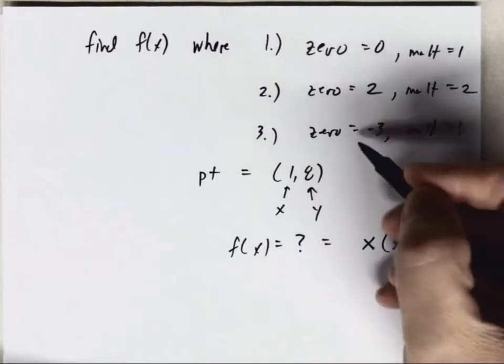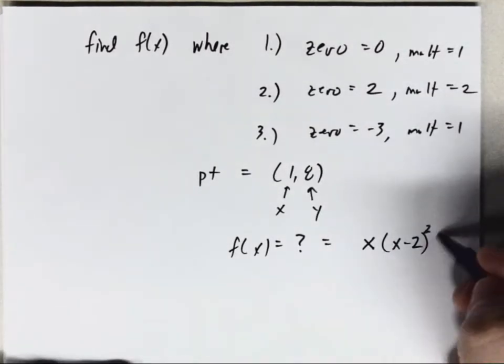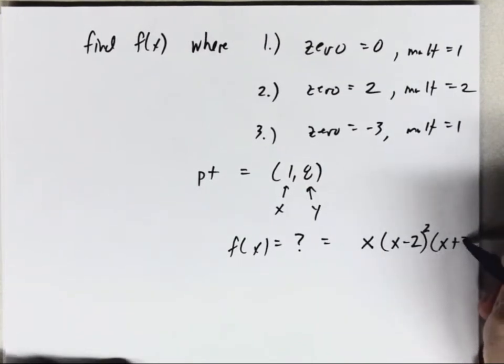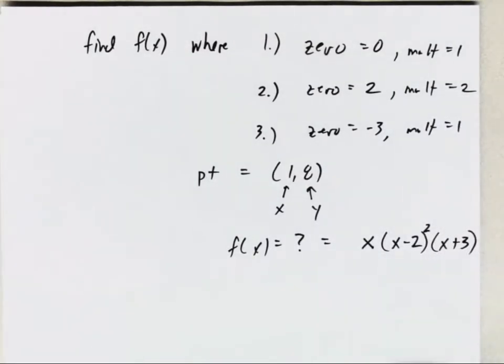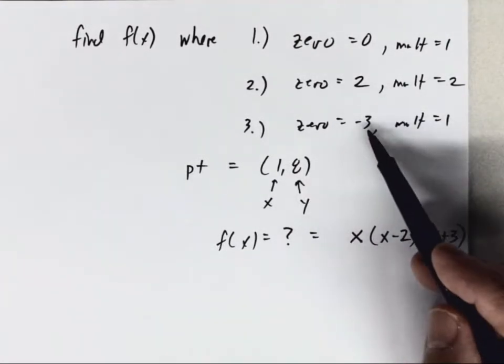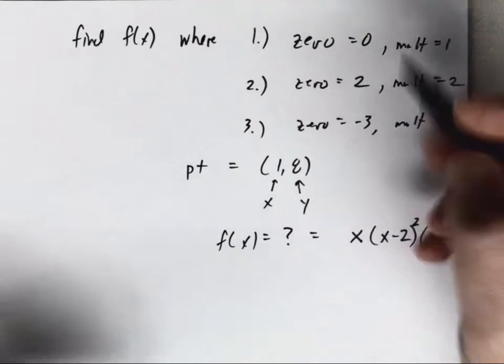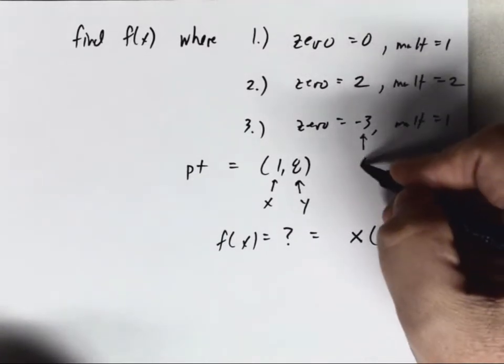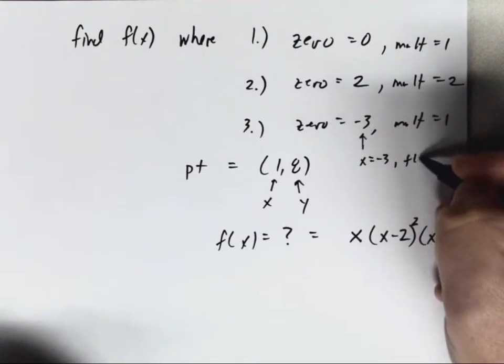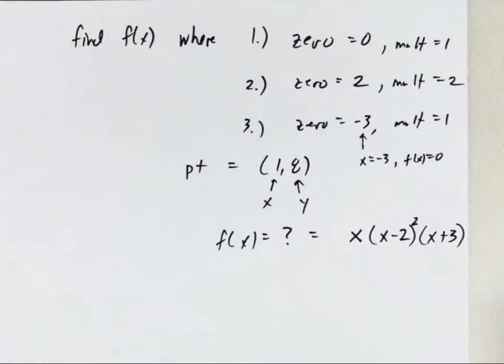And finally, they say a zero of negative 3. It's almost like you have to think backwards, because when they give me the zero, they're saying when I plug in x equals negative 3 into my equation, that's going to cause the whole equation to equal 0.